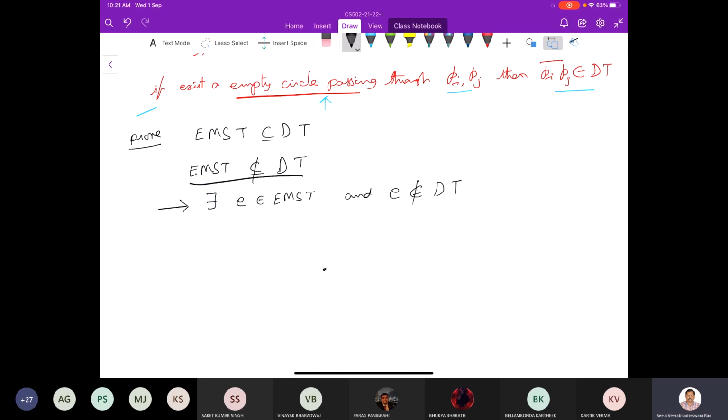So assume that this is PiPj, this edge, and this belongs to the minimum spanning tree. If you look at the minimum spanning tree, there will be some other edges connected to this one.